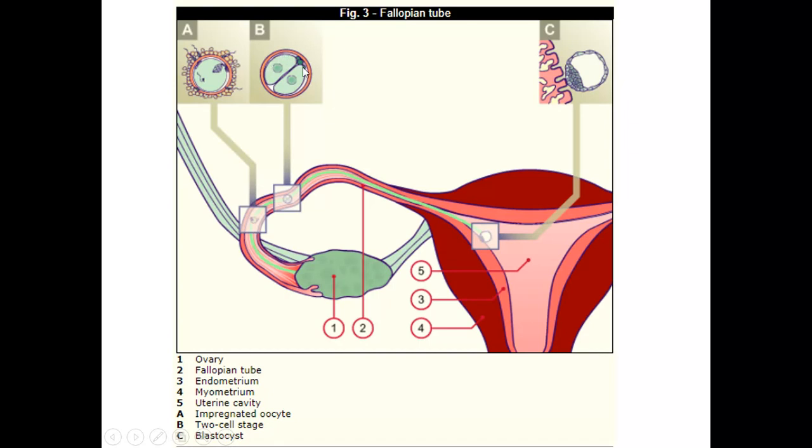The zona pellucida still remained, and it restricts the growth of the cells. Division is not followed by the growth of the cells, and it serves a few functions. First of all, it prevents the enlargement of this embryo inside the narrow fallopian tube, and if the zona pellucida suddenly ruptures, this embryo attaches to the fallopian tube, and we have a pathology which is named ectopic pregnancy, because these cells are designed to attach to the surface epithelia.